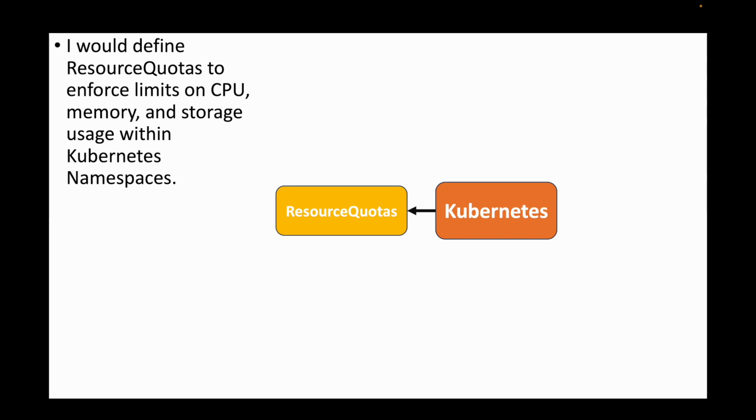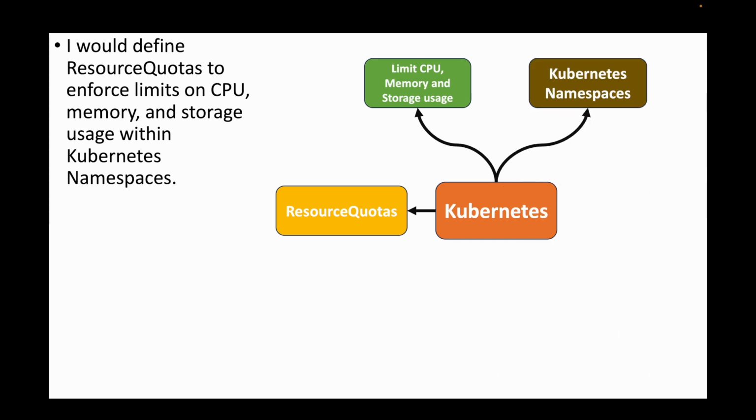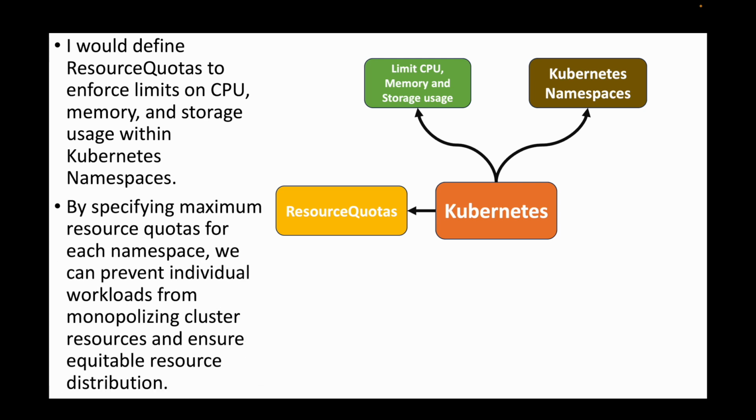So we can enforce limits on CPU utilization, memory utilization, and storage utilization within the Kubernetes namespaces. For example, let's say you have a default namespace. Now within the default namespace, what is the CPU limitation? All those limitations can be put by making use of resource quotas.